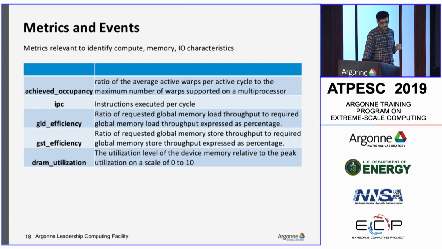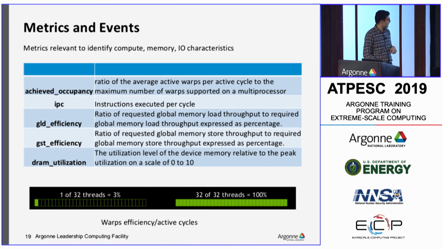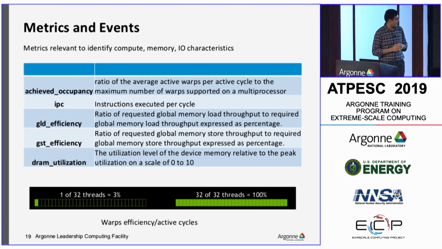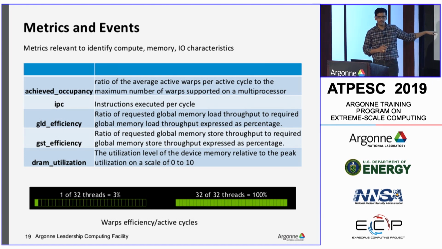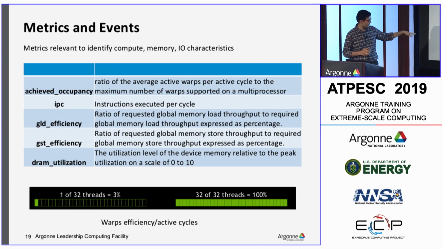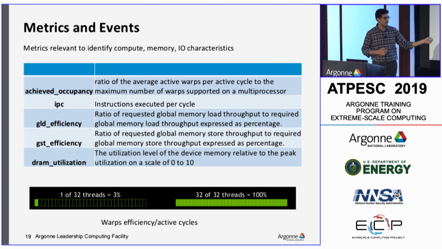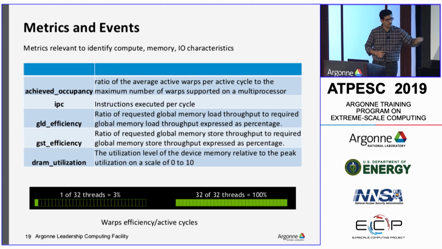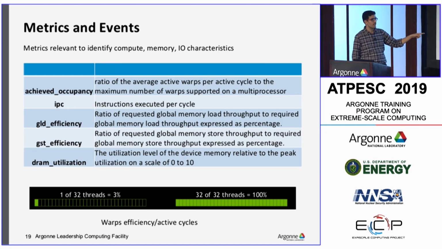For example, the first one is called achieved occupancy. This is something called a warp. A warp is a bunch of threads which are running in parallel. Ideally we want all the threads to be active, all doing some computation. So there are two extreme cases: in the first, very little work is happening, and in the second, all threads are active and we have maximum utilization.